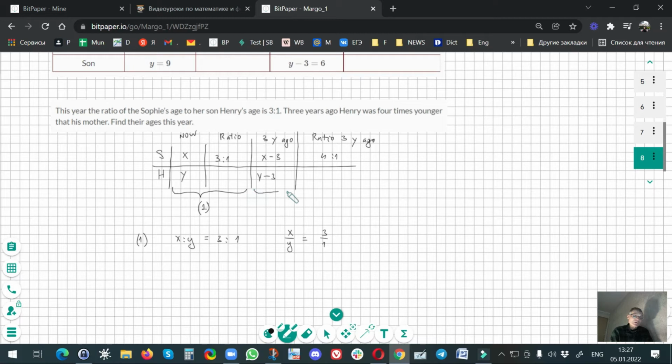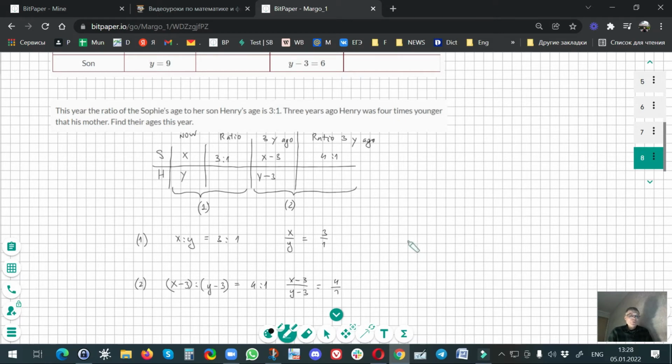And then the second equation, which is produced from two other columns. Here we go, the ratio of x minus 3 to y minus 3 is equal to 4 to 1. Or again, I prefer this type, and it gives me 4 to 1. This is the system of equations, and we have to solve it.